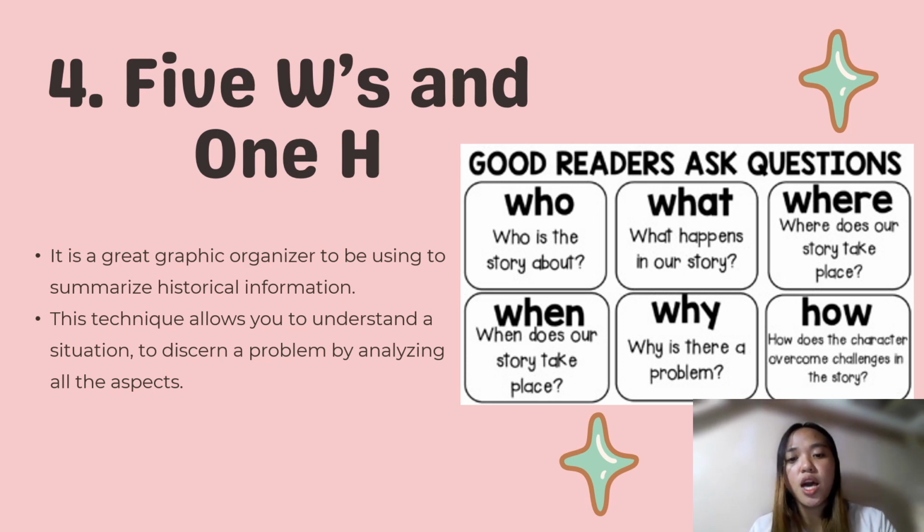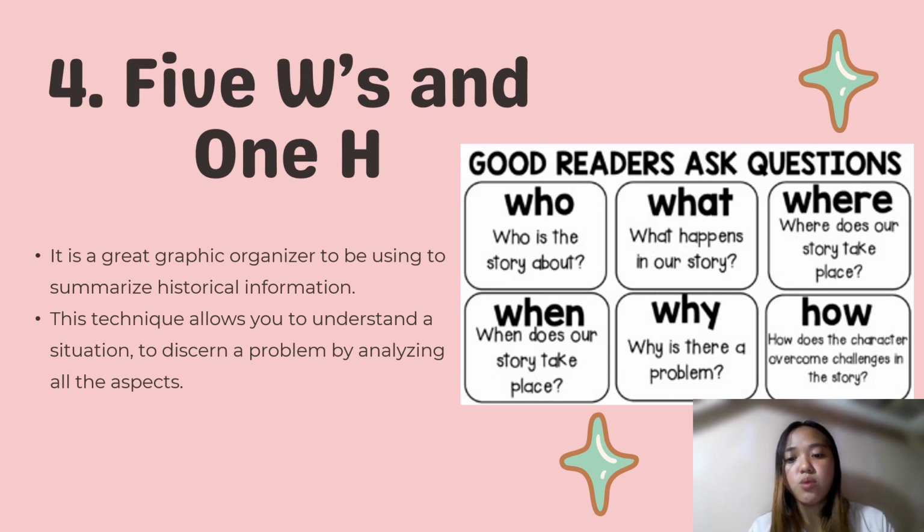So for example, we ask who. Who is the story about, or who are the people engaged in that story? What happens? Where does it happen, or where does our story take place? When does the story take place? It signifies the dates.